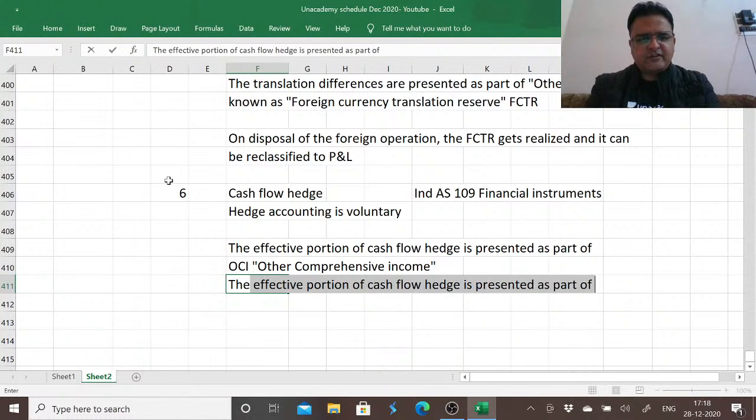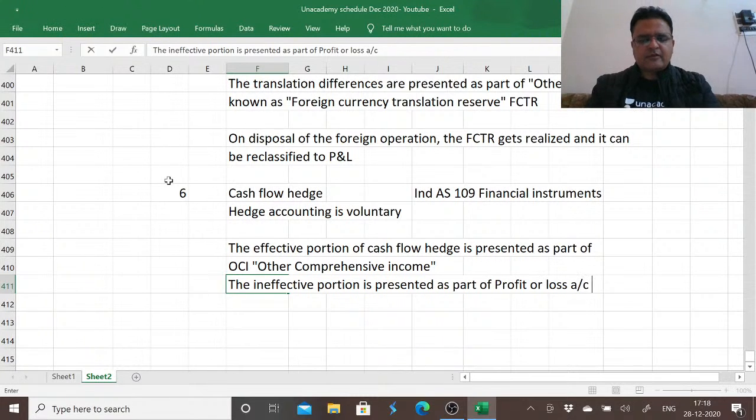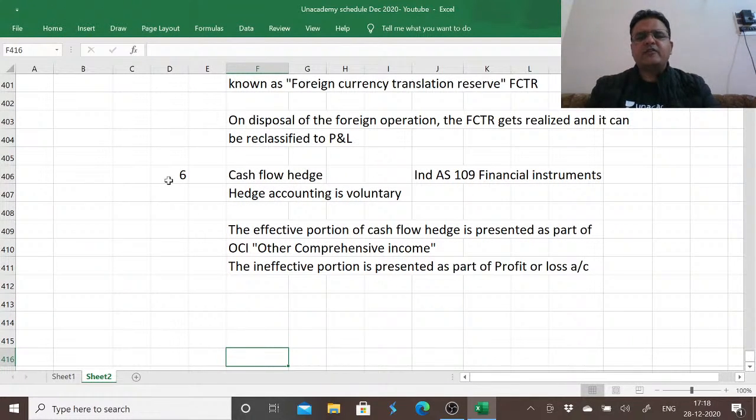The ineffective portion is presented as part of profit or loss account. Now what is ineffective? Now there used to be a relationship in the range of 80% to 125%, which has been taken away now. The effective portion is considered.